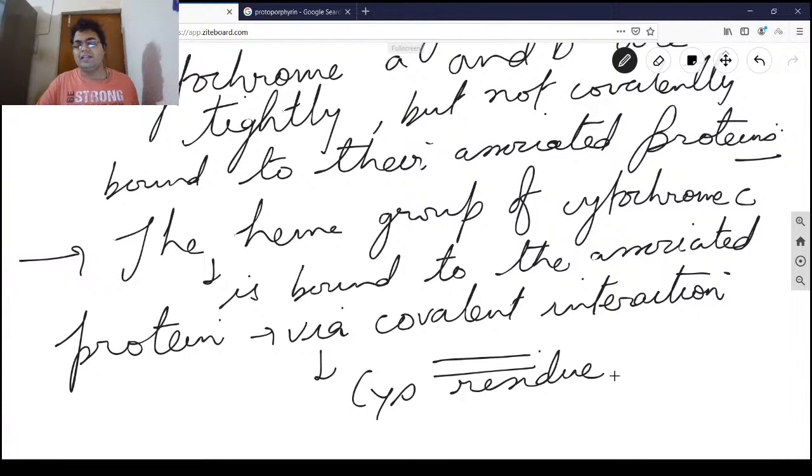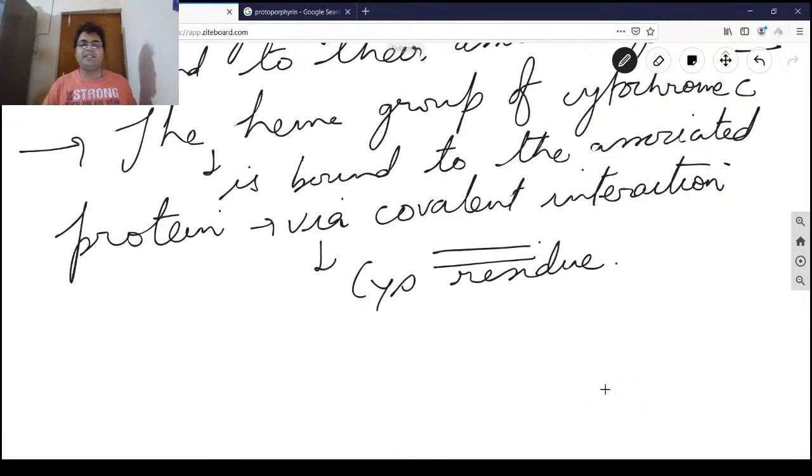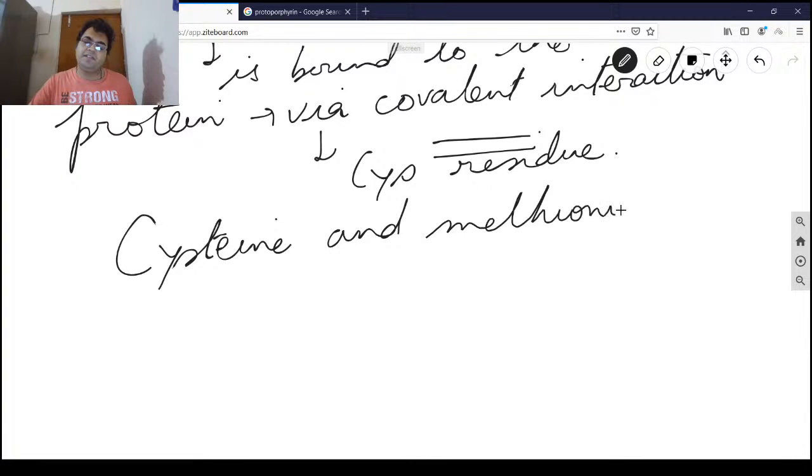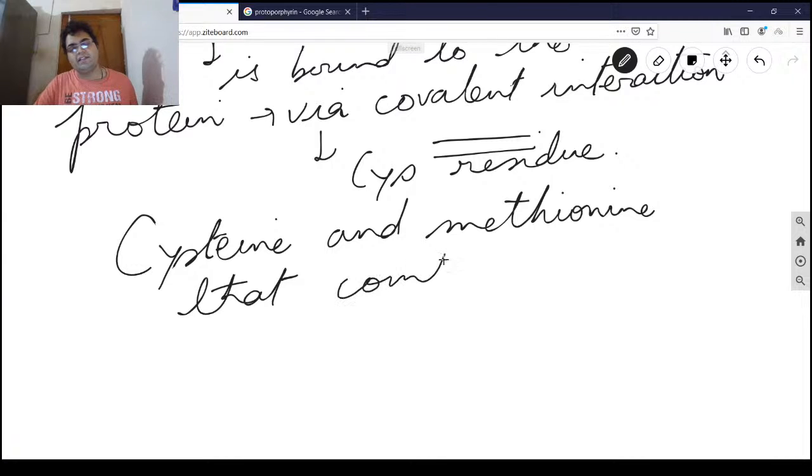The cysteine is present in the polypeptide chain of cytochrome C, and there are only two amino acids, cysteine and methionine, that contain a sulfur atom.